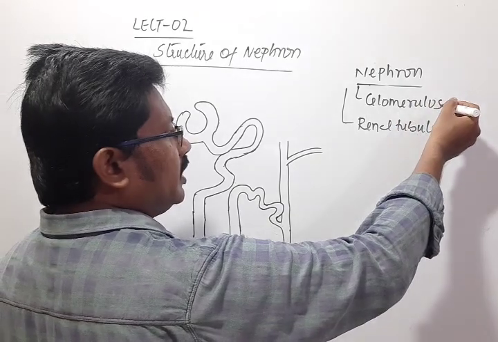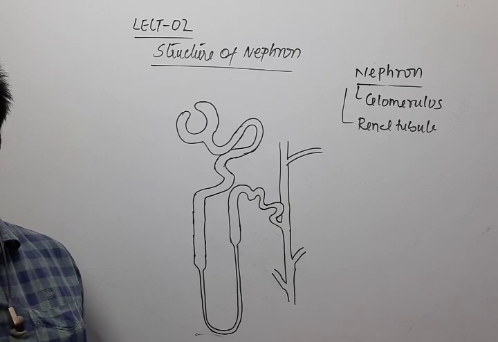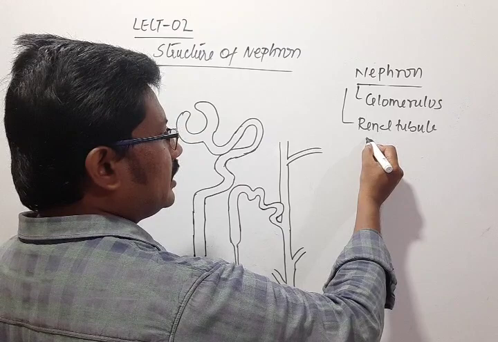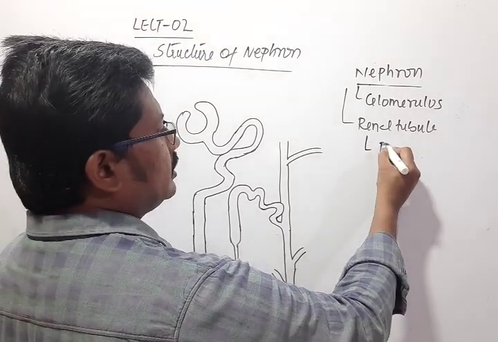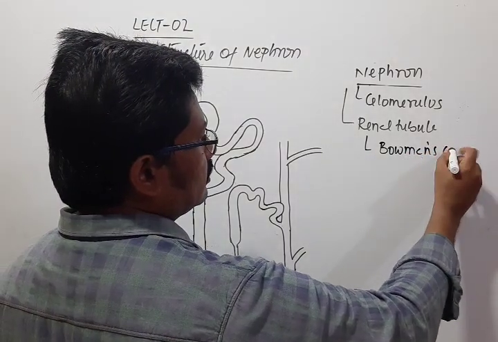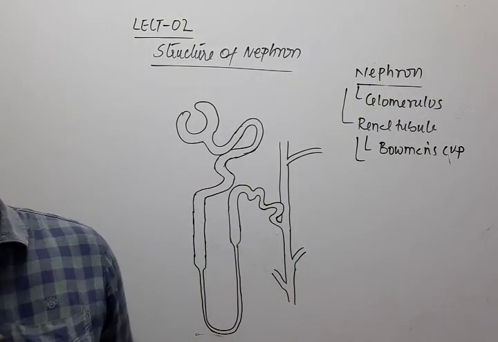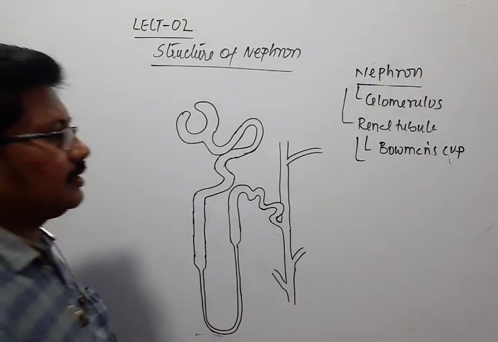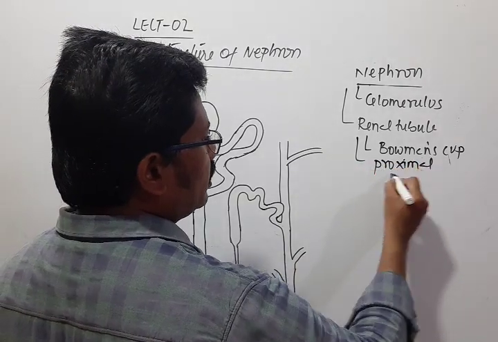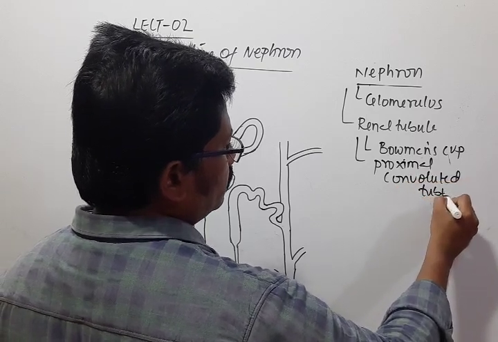So this glomerulus is a network of capillaries formed by the afferent arteriole, which we'll see, okay? Whereas this renal tubule has the Bowman's cup, and then it has the PCT, so it's called proximal convoluted tubule.